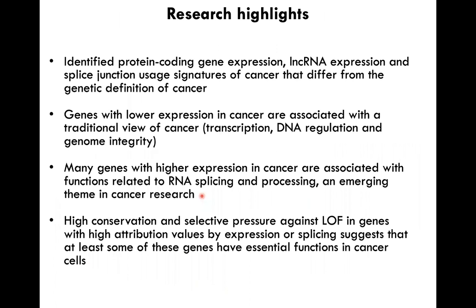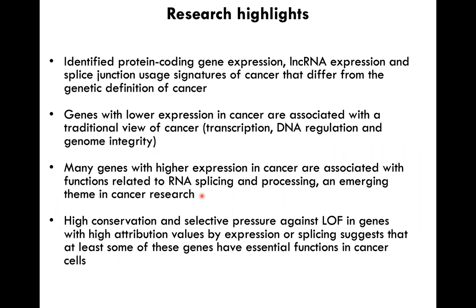To summarize, we identified protein coding gene expression, long non-coding RNA expression, and splice junction usage signatures of cancer that differ from the genetic definition of cancer. We found that genes with lower expression in cancer are associated with a traditional view of cancer with roles in transcription, DNA regulation, and genome integrity.